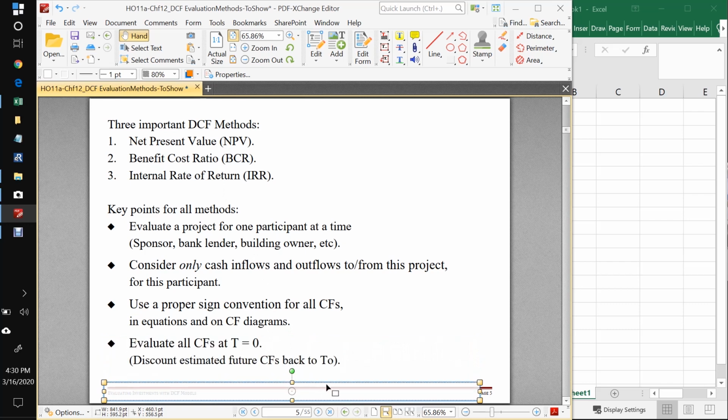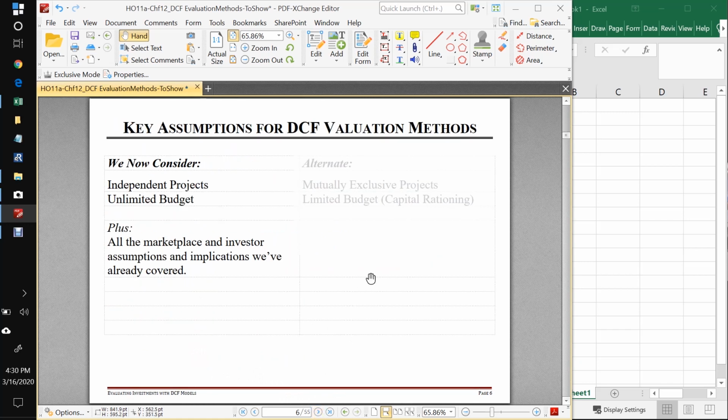And also, we're going to choose to evaluate all the projects that we look at t equals 0. Okay, and what that means is we want to discount all of those future cash flows back to time t0. Okay, so these are our key points for all three of these methods. And we have some key assumptions that we need to apply to use these models, these discounted cash flow valuation models or methods.